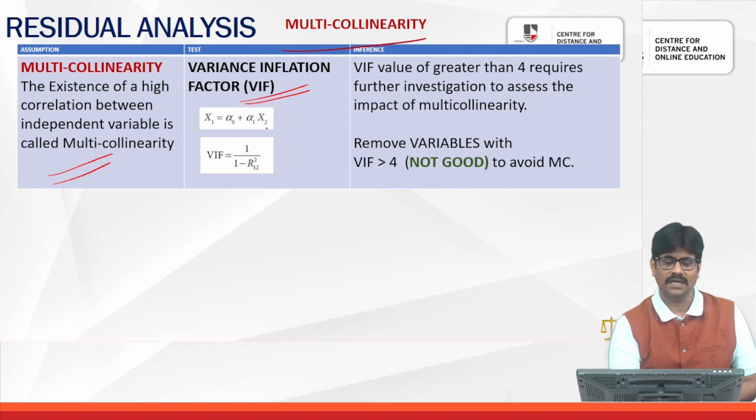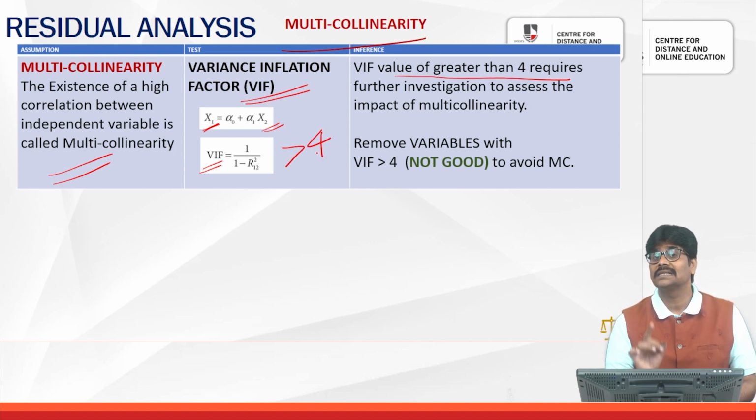Essentially it runs a simple linear regression between the two variables, here let us say x1 and x2. Using this it calculates the R squared, and the VIF is calculated as 1 divided by 1 minus R squared. Here obviously you will get the value, and people have found that if the VIF value is greater than 4, then there is a suspicion of the presence of multicollinearity.